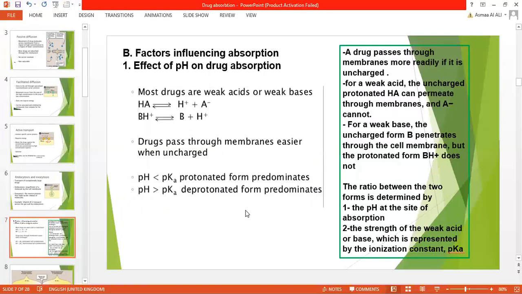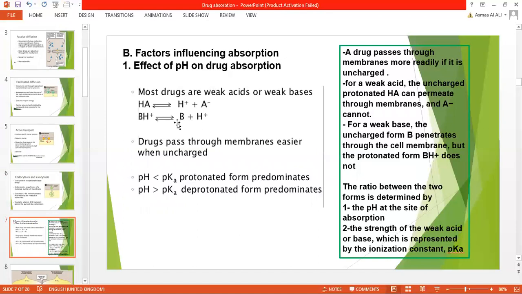So the acidic drug releases a proton, H+, causing a charged anion, A-, to form HA for acidic drugs, while the basic drugs can also release protons. However, the protonated form of a basic drug is usually charged, and loss of a proton produces the uncharged base.